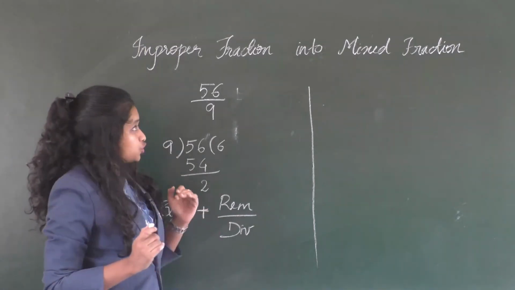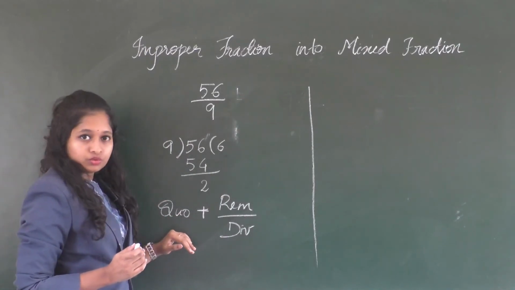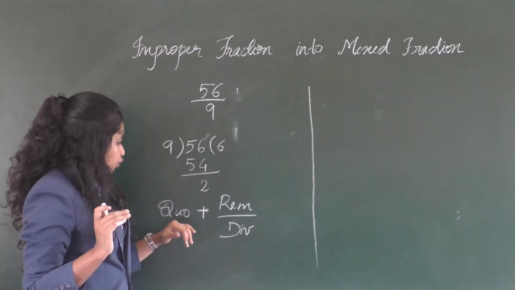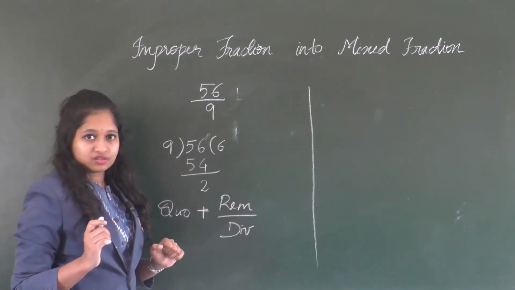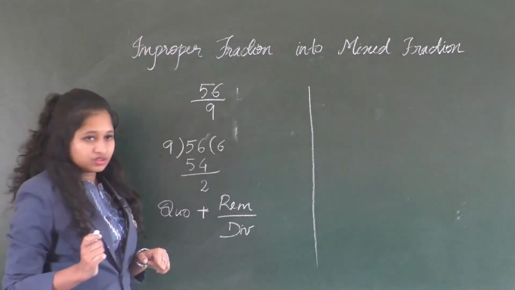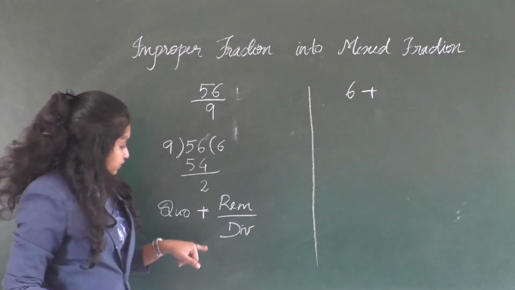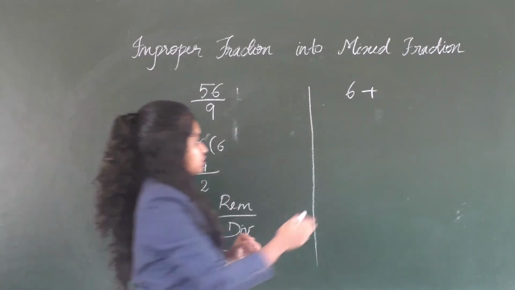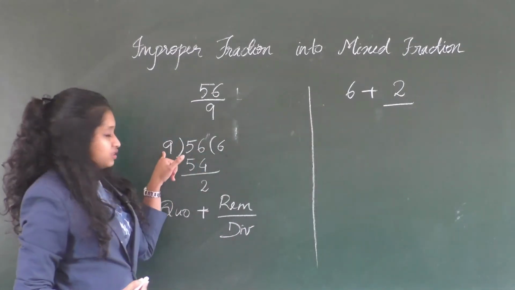To convert to a mixed fraction, we have to do like this: quotient plus remainder by divisor. So what is the quotient here? It is 6 plus remainder is 2 and the divisor is 9.